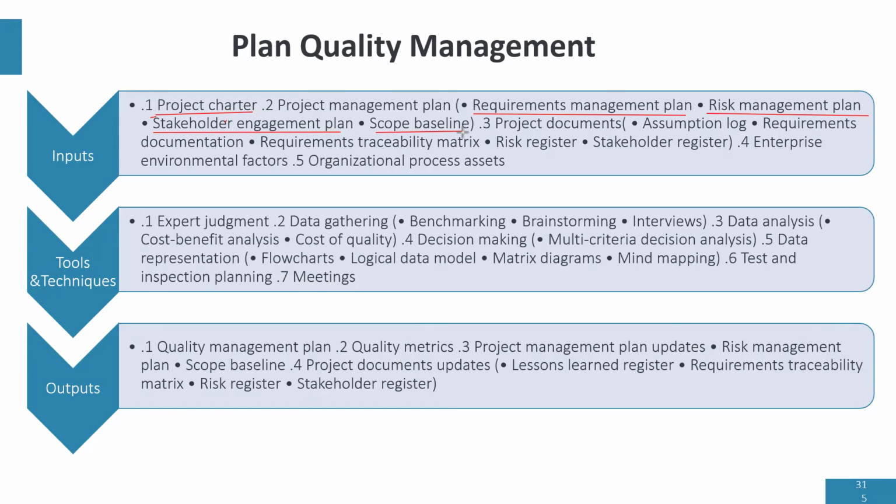Then the scope baseline includes the scope statement, work breakdown structure, and the work breakdown structure dictionary. The scope statement includes the acceptance criteria, which also talks to the expected things that the project must meet. The assumptions log is also an input. This is where the assumptions and constraints are listed in the project. The requirements documentation is the document that shows all the requirements of the project.